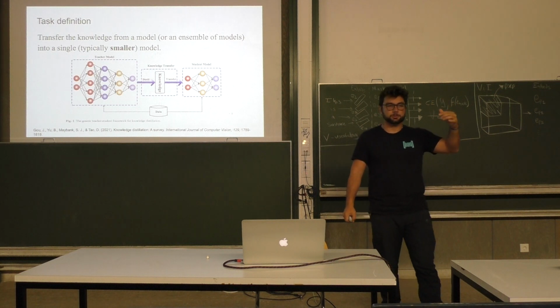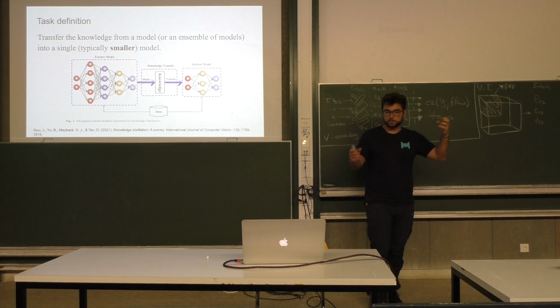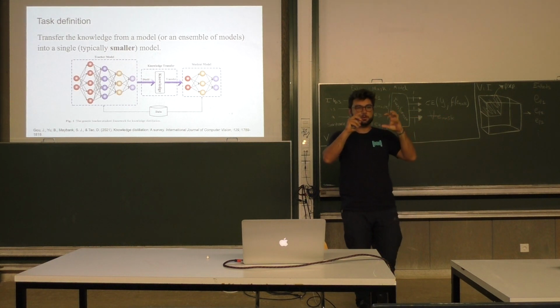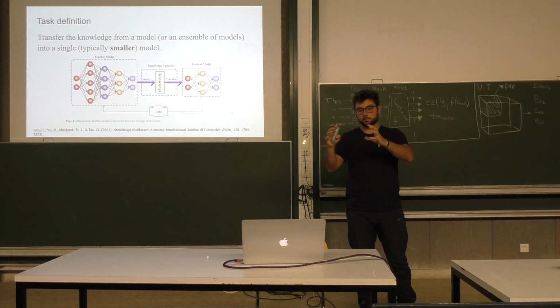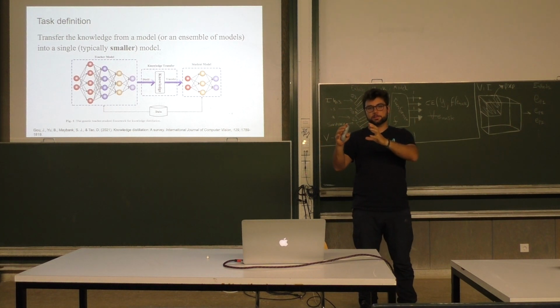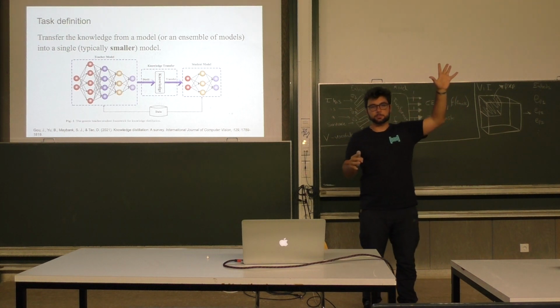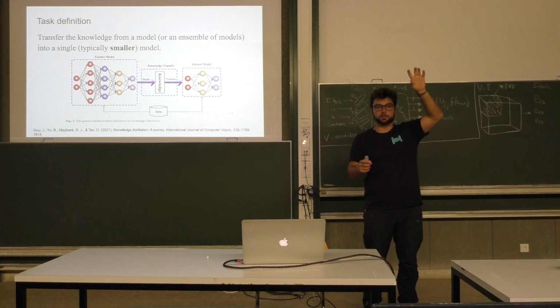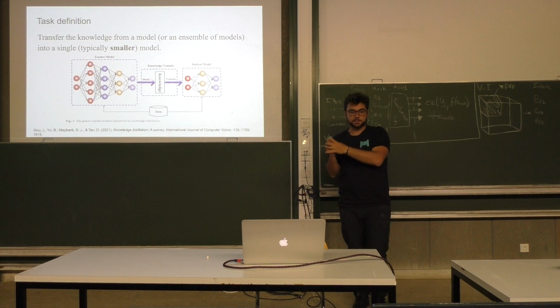If we have one, it's usually a big model, and we try to distill this model to transfer the knowledge of this one model into usually one smaller one. Or if we have a big model, or as we call it, an ensemble, so a collection of different models, we're trying to transfer this information to one single model.